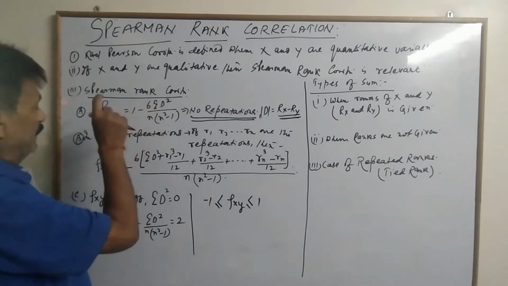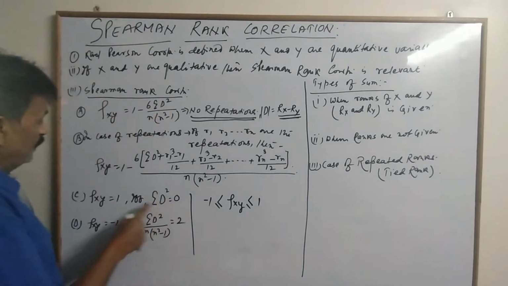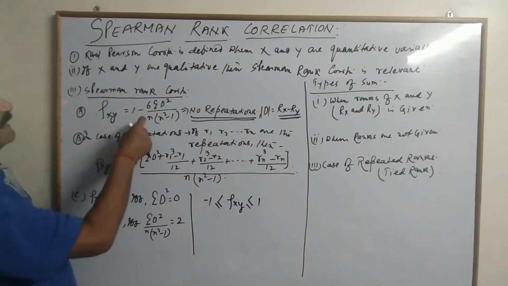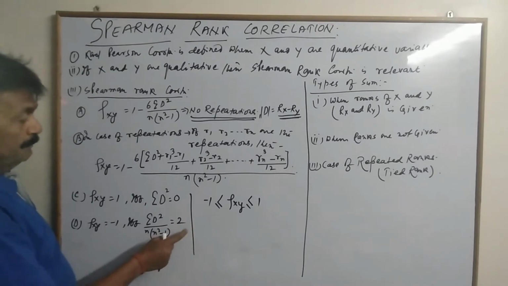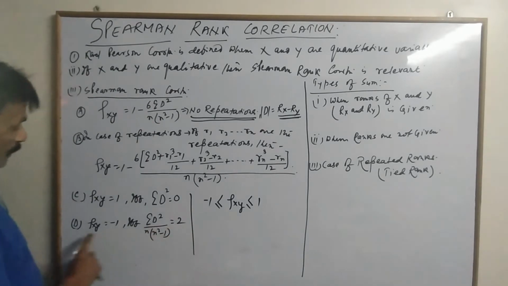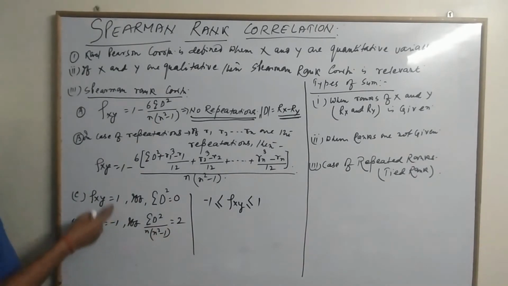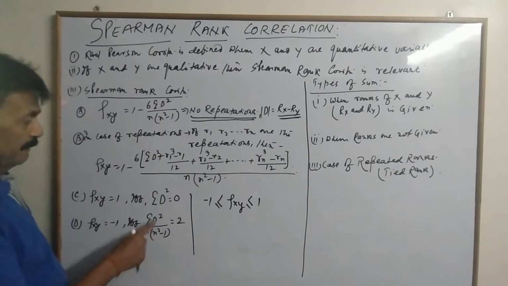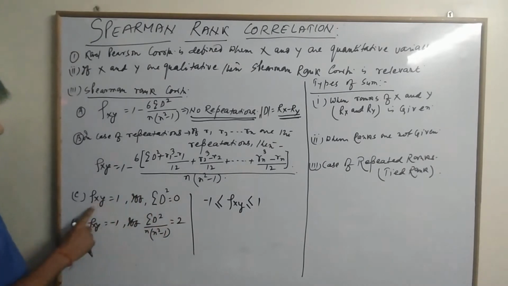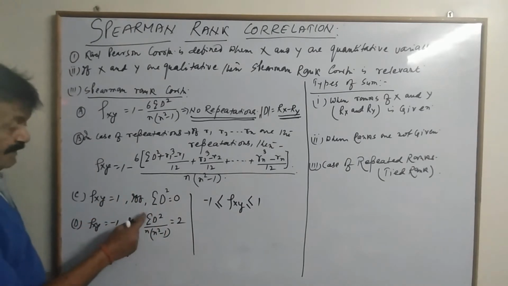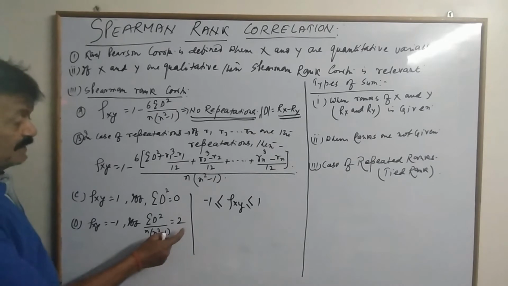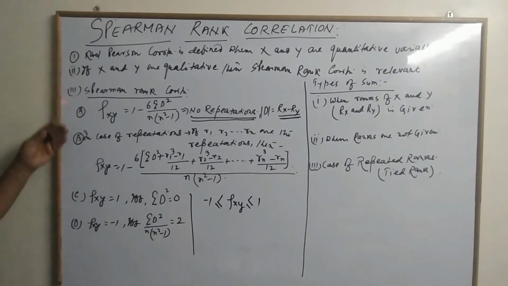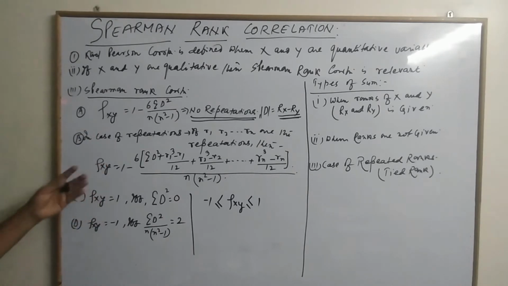And if summation d square divided by n into n square minus 1 becomes 2, then rho xy becomes minus 1. These two limiting values can be obtained only under these two situations. So this is all about the use of the formula.